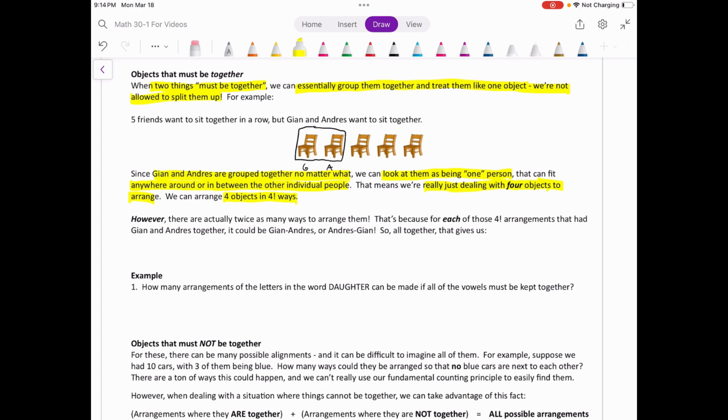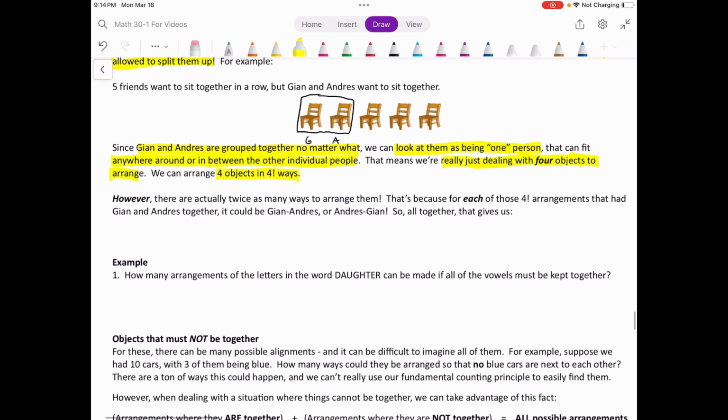Now, there is a very important caveat to that, okay? There are actually twice as many ways to arrange them than just 4 factorial. Because there are 4 factorial ways to arrange 4 objects, that's true, right? But for each of those 4 factorial arrangements, where Gian and Andreas were together, it could have been Gian Andreas or Andreas Gian, right? It just said they had to be together.